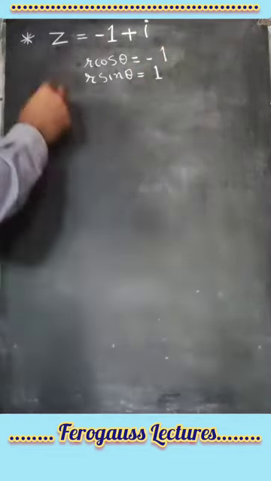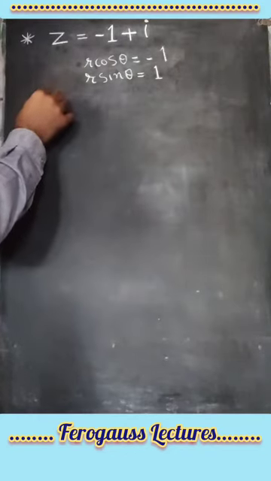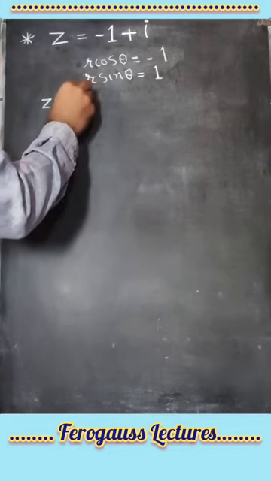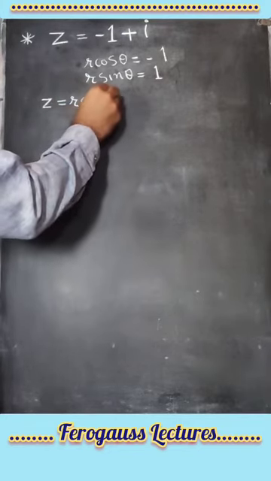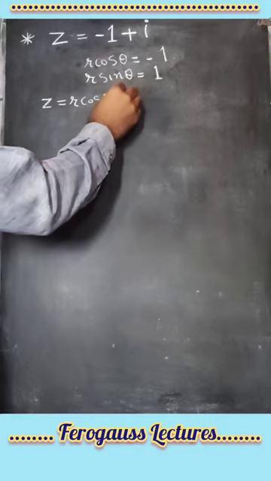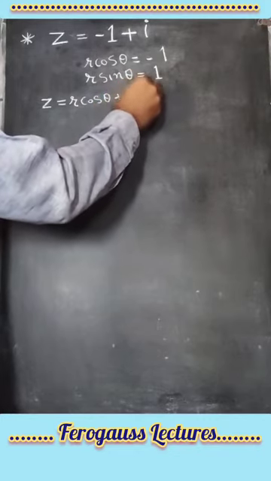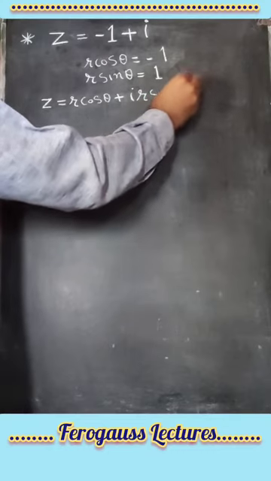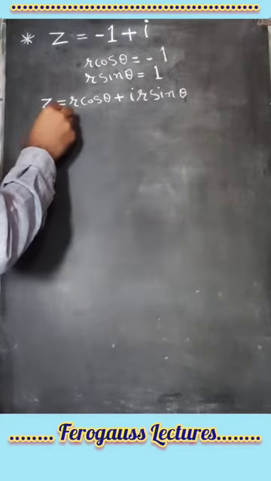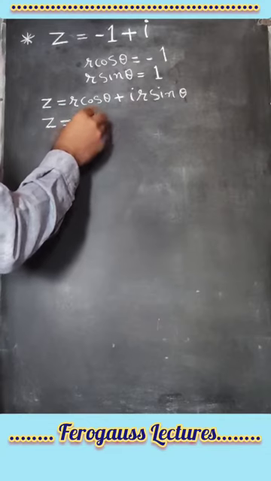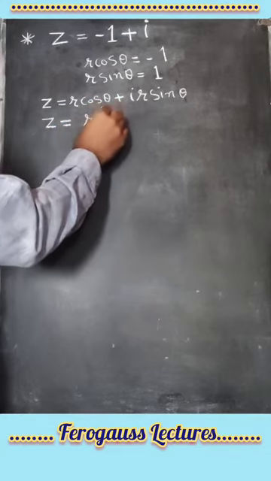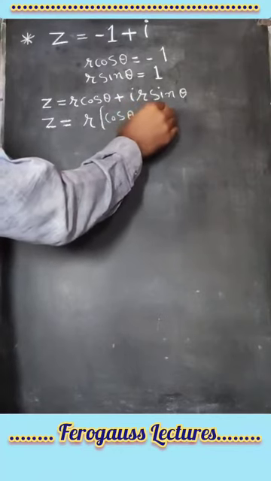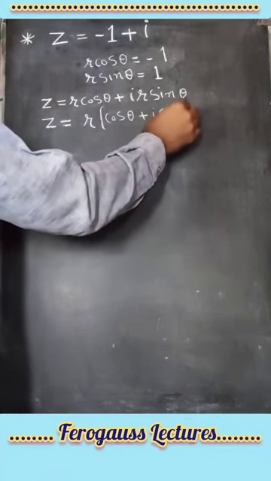Okay, thus we can write z is equal to r cos theta plus iota r sine theta, or we can write z is equal to, take r common, r times cos theta plus iota sine theta.